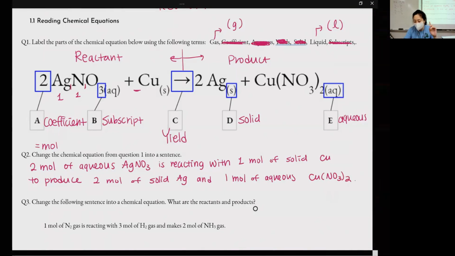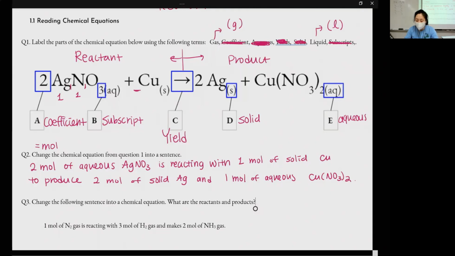So that's how you convert from the chemical equation to a sentence. You may be asked to do the other way, where you are given a sentence and go back into the chemical equation. Just make sure you are putting 3 things per chemical substance. 1, how many moles of it? 2, what is the state of it? And 3, the correct formula with the subscript.